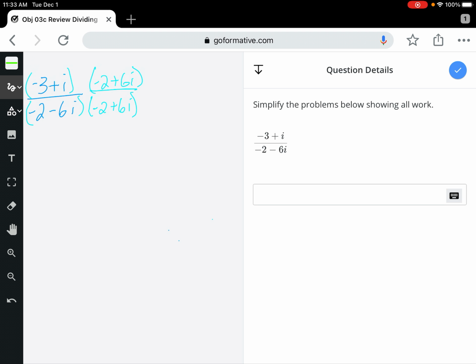So what we're going to do is we're going to have two boxes. We have one box for my denominator. Okay, it's going to be negative 2 minus 6i, negative 2 plus 6i. I'm going to go through and multiply that out. That's 4, negative 12i, positive 12i, there we go, negative 36i squared.